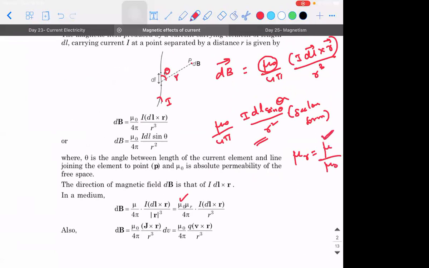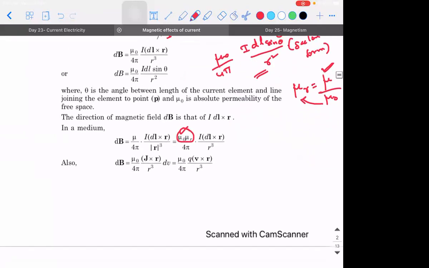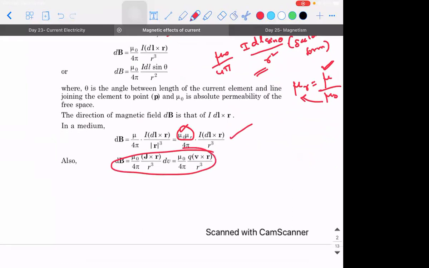So if mu is the permeability of medium, then mu naught into mu r is the one to be replaced in the position of mu naught. Okay, to put it in simple terms, multiply the whole expression that you obtain in the air medium with mu r, where mu r is the relative permeability. Okay, so there is the formula. This you need not worry about.